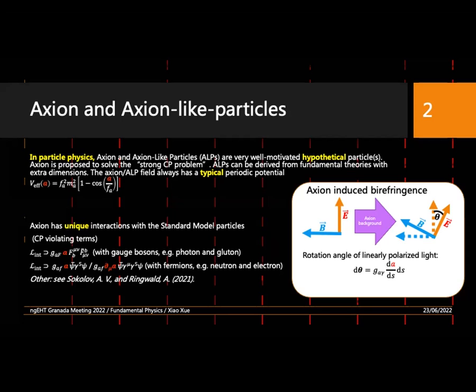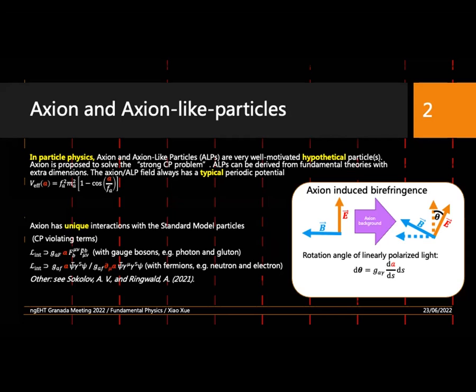And what's more important about the axion is that it has unique interactions with standard model particles, and we usually call them the CP violating terms. These interactions can be divided into interactions with bosons and interactions with fermions.